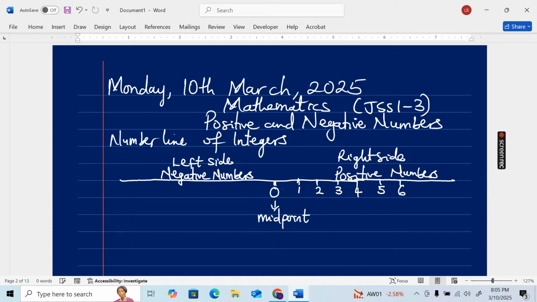Now, when you see a number that has the negative sign or the minus sign, it is called a negative number. Numbers with the minus sign are called negative numbers.